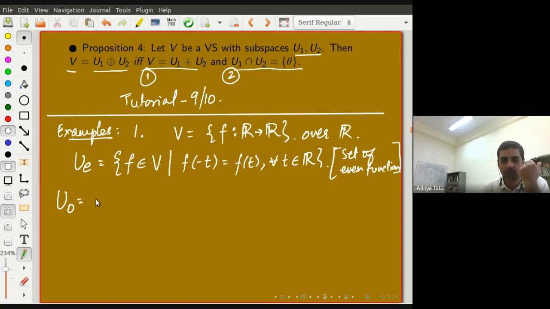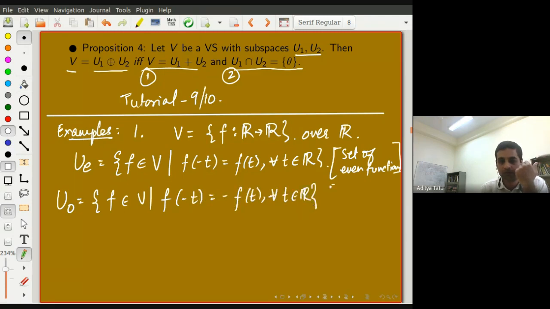Similarly, UO is going to be the set of all odd functions.